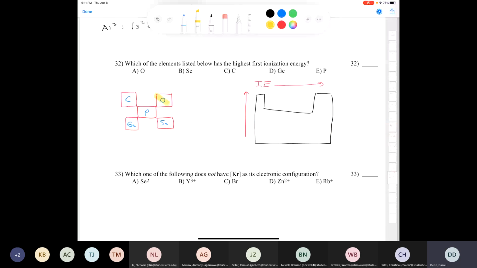It's the one that's highest and to the right. So ionization energy increases up and to the right. And remember that ionization energy is the amount of energy required to remove an electron from an element in the gaseous phase.